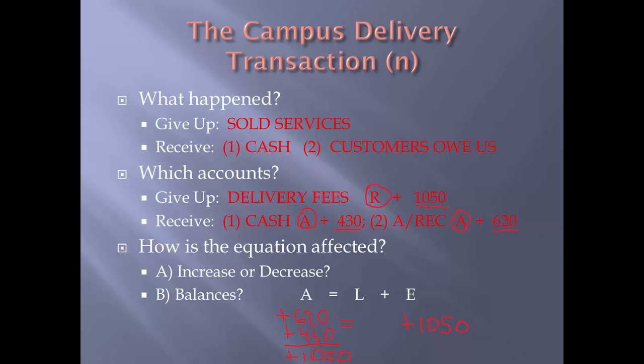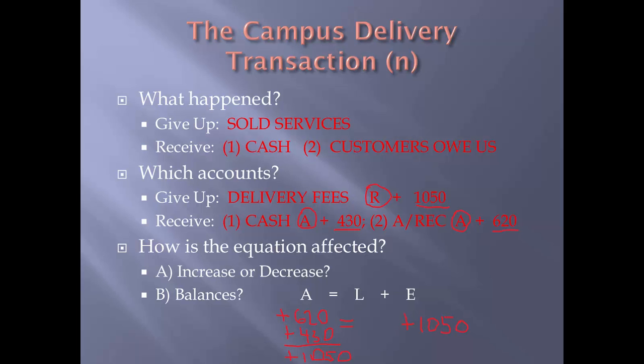What accounts are we going to use for sold services? The keyword says it's going to be a revenue account. We see there's only one revenue account, delivery fees, that's a revenue. For cash, we're going to use cash, which is an asset. For customers owe us, remember, that means that we own the money. It just happens to be in their pocket.